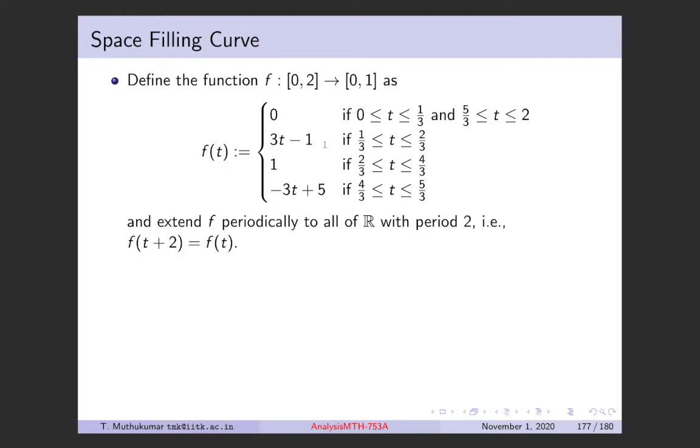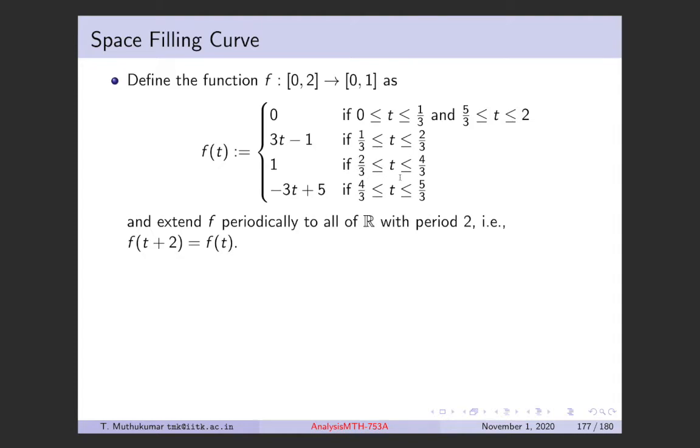At t equal to 1 over 3 this is 0, so it matches and the function is continuous, a piecewise continuous function. So from 1 over 3 to 2 over 3, it's 3t minus 1.